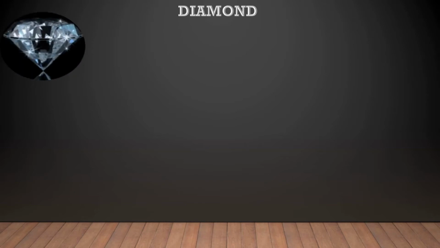Let us know more about the crystalline allotrope of carbon, diamond. Diamonds are found in India, mainly in Golconda, Karnataka, and Panna, Madhya Pradesh. Diamonds are also found in South Africa, Brazil, Belgium, Russia, and America.